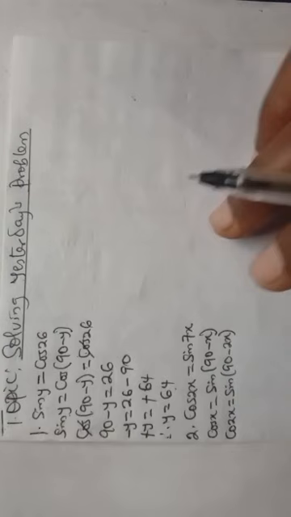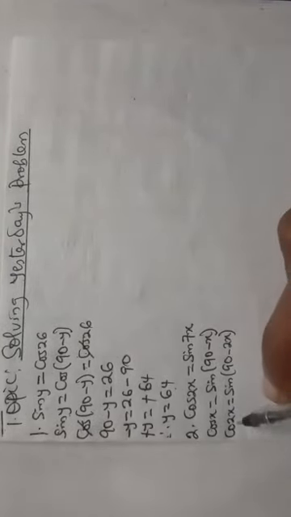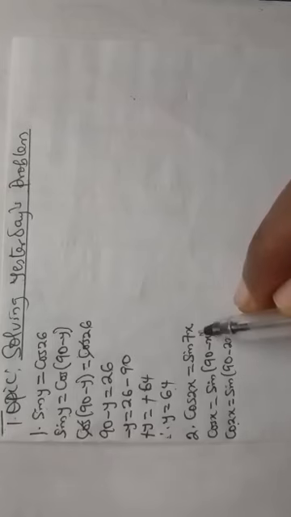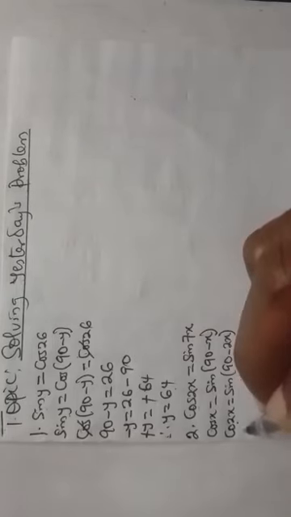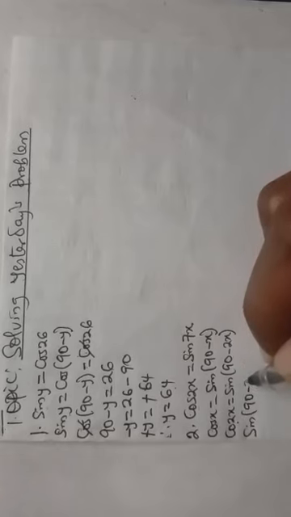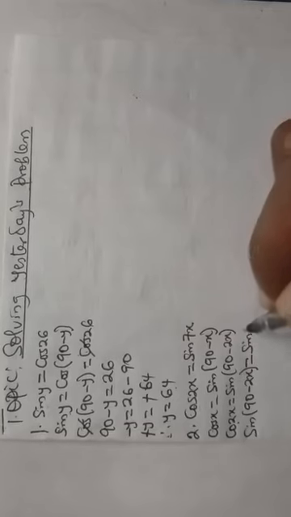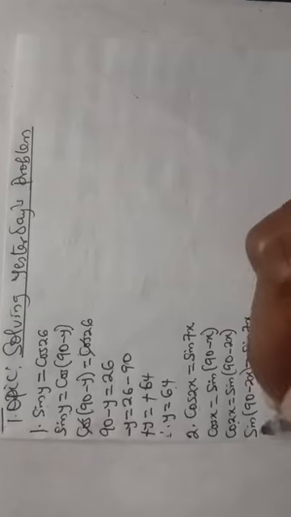So I'm going to replace this with this in this first line. So I'm going to have sine (90 minus 2x) is equal to sine 7x.